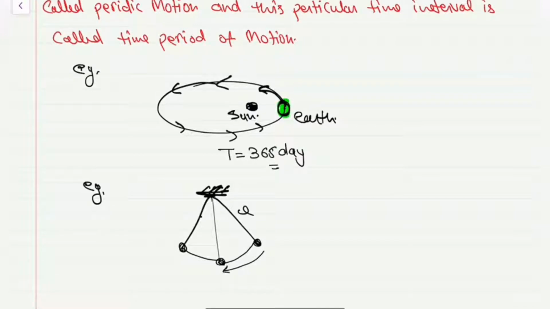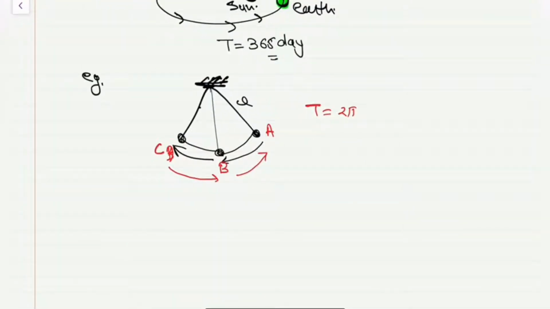It was first at point A, then it will go to point B and then C, then it will move again to B. So this is a periodic motion, and we'll find that the time period of this type of motion is 2 pi root over L upon g. In this chapter, we also discuss how this time period comes.